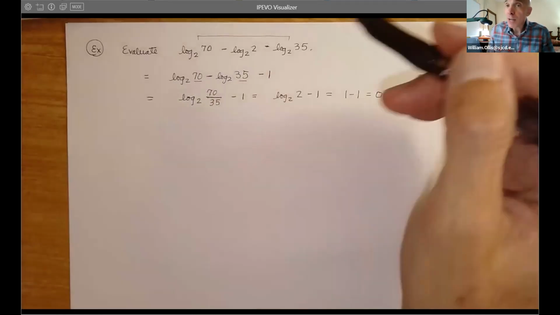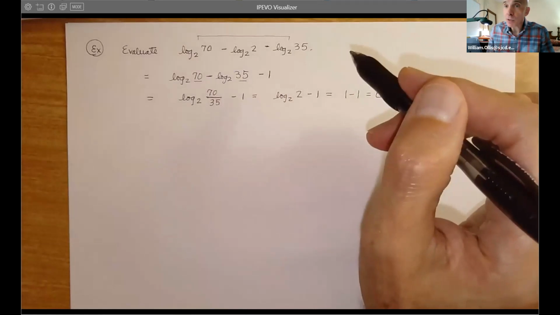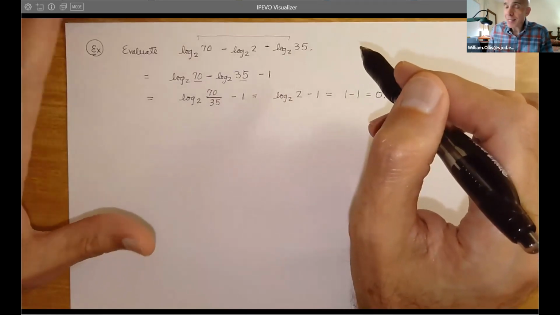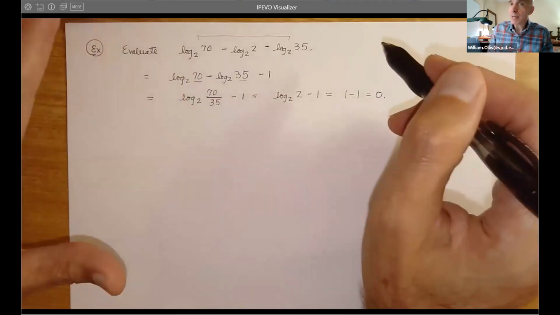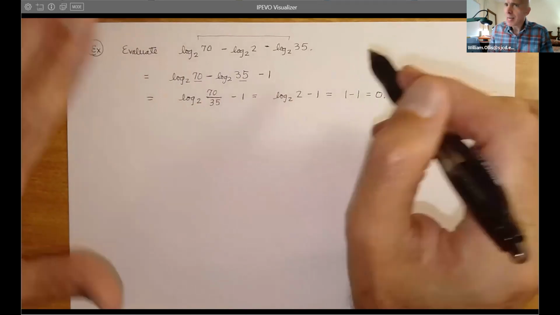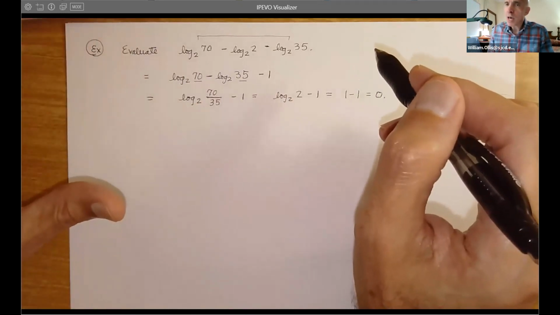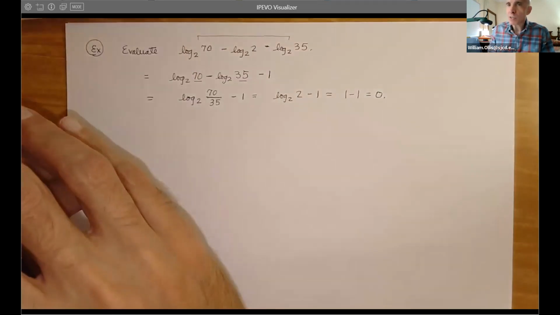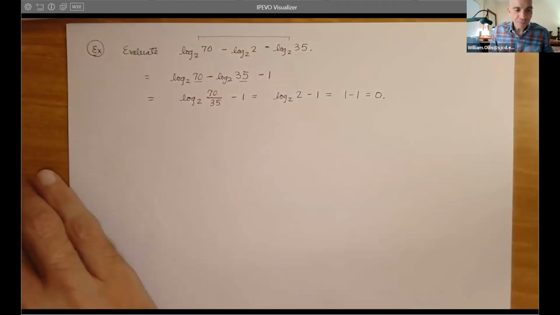Unless we solve like in the section on equations, WebAssign will ask for an exact answer, then it'll say approximate it, which will give you good practice using your Google calculator. So it's great to be able to approximate things, but if we've got a nice exact answer, we get a really great approximation because there's no round off error.